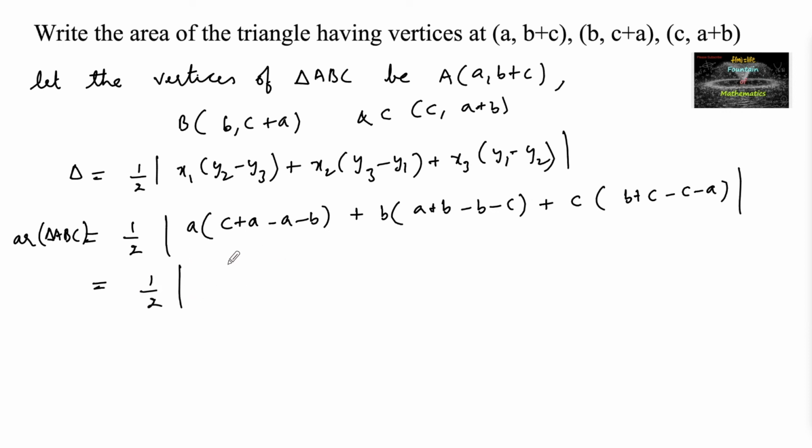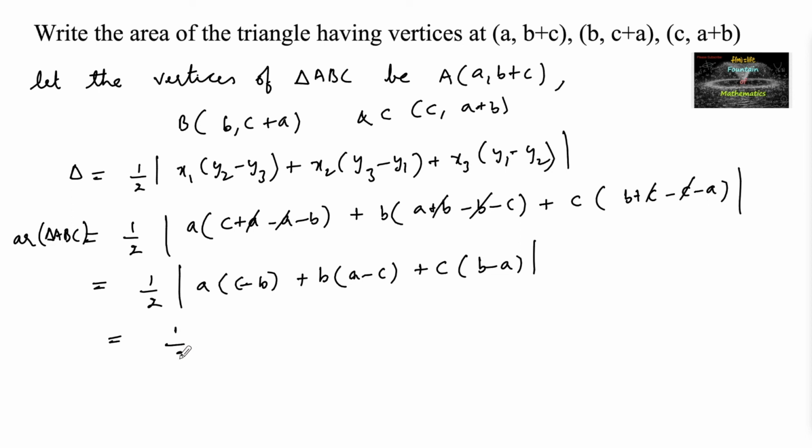So which is half of a times, we can write here, c minus b, plus b times a minus c, plus c times b minus a. And on simplifying, half of ac minus ab plus ba minus bc plus cb minus ca.